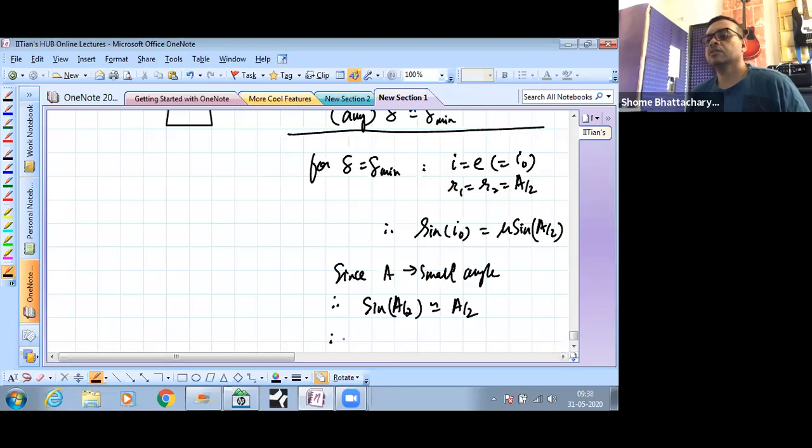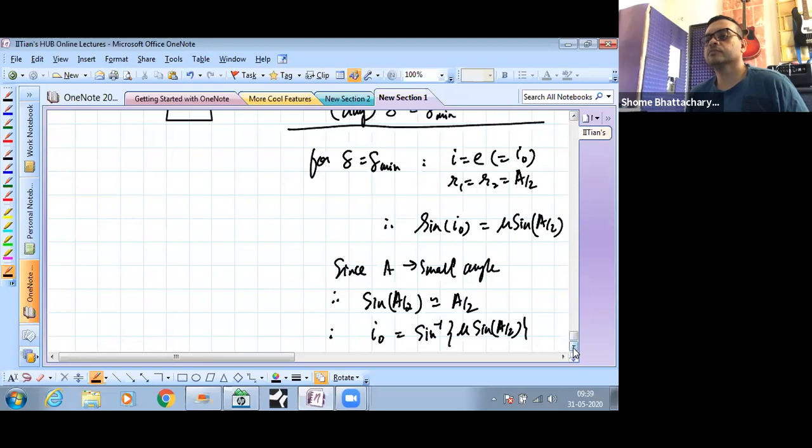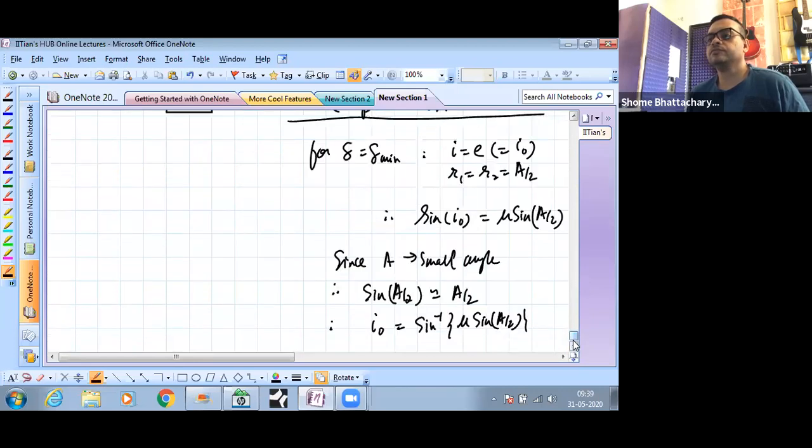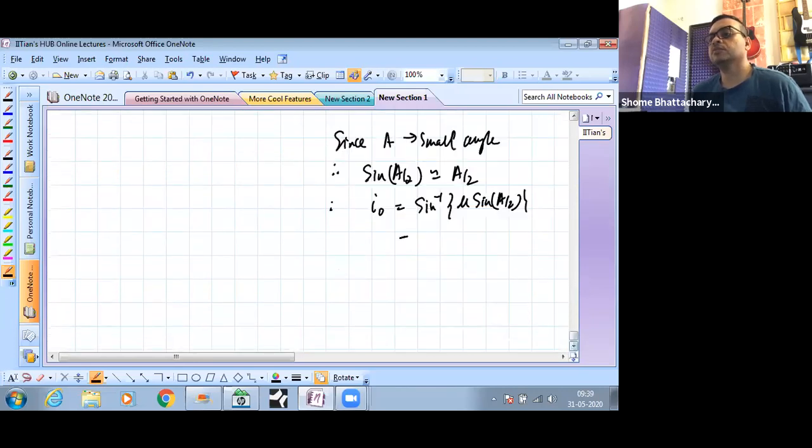Okay. Therefore I naught, which is sine inverse of mu sine A by 2, will become approximately equal to sine inverse of mu into A by 2. Okay, because sine A by 2 can be approximated as A by 2.